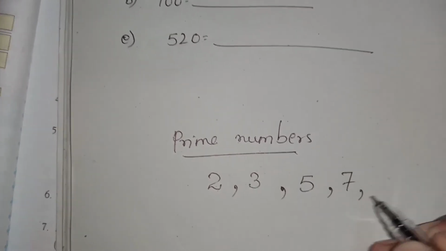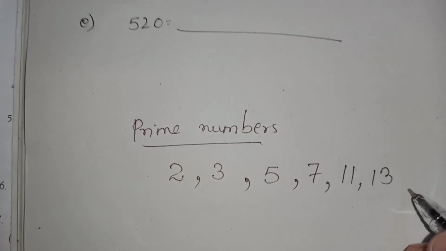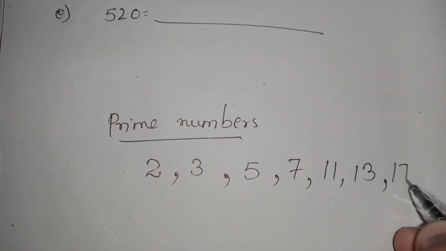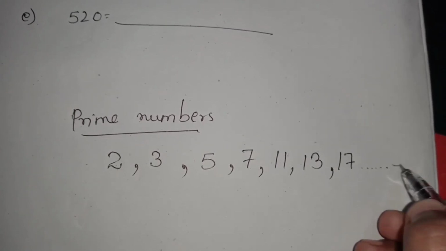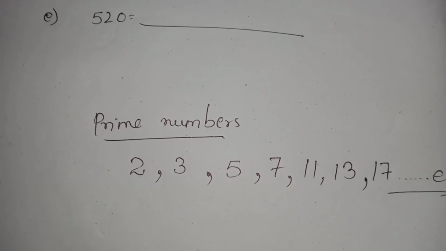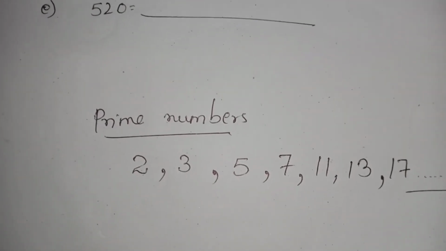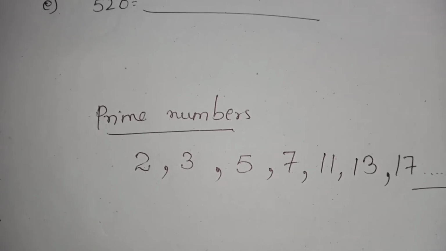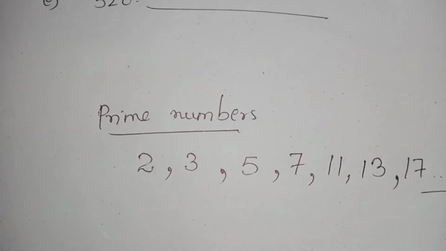7 is also a prime number. 11 is also a prime number. 13 is also a prime number. 17 is also a prime number. So many more are there, and so on. Just to make you understand, prime numbers are the numbers which are divisible by 1 or by itself, or you can keep in your mind that the numbers which come only in their own table are prime numbers.